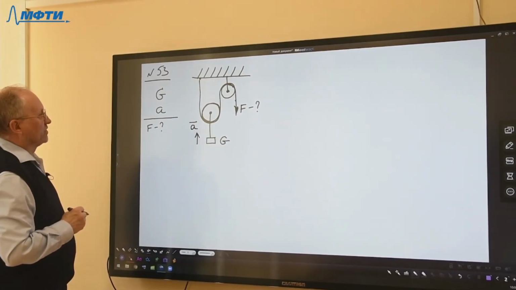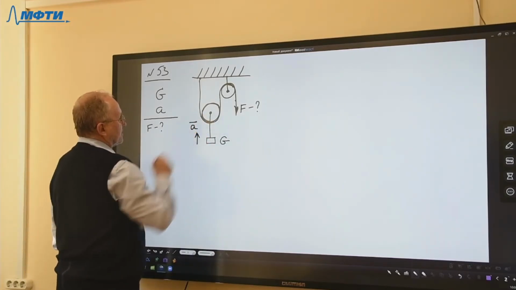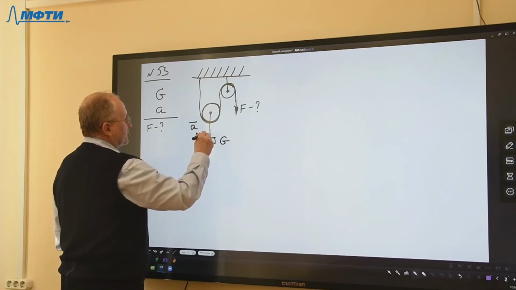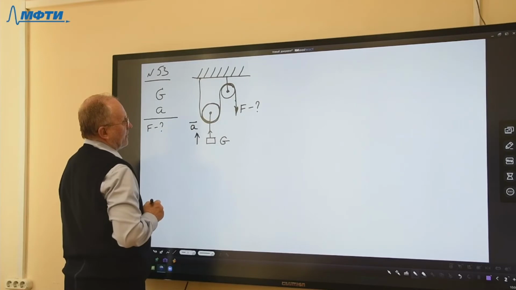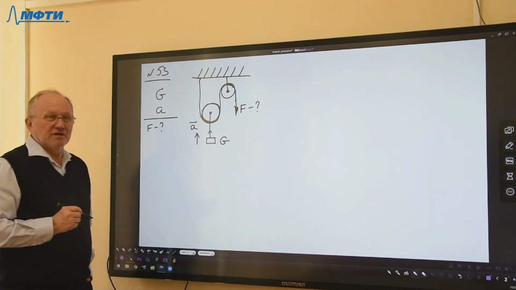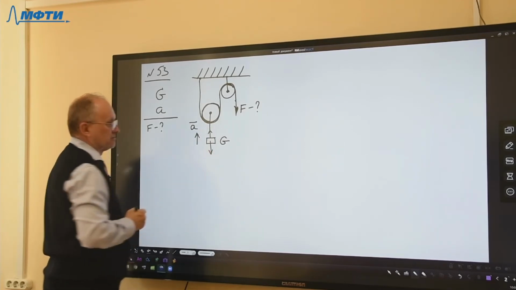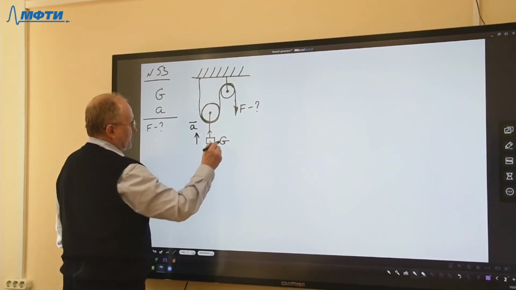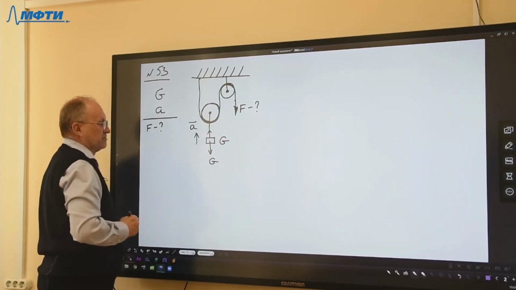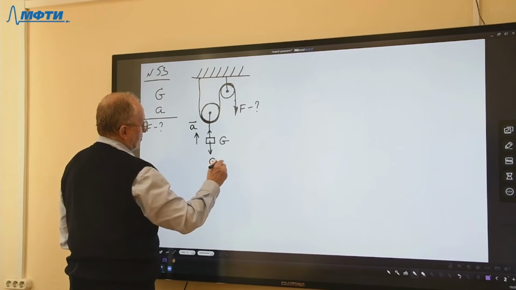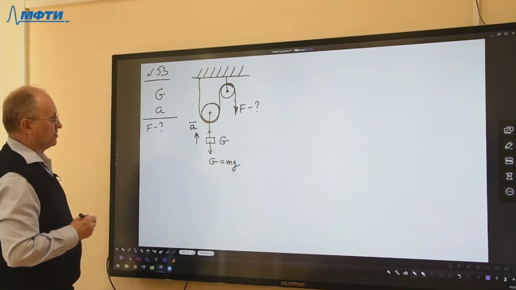In this case, what happens? If this weight goes up with acceleration a, then there should be some force acting on this weight upward. Also, there is a force of gravitational attraction. The force of gravitational attraction is given to us. It's the weight of the body, which is always equal to mg, the mass of the body times acceleration of free fall.